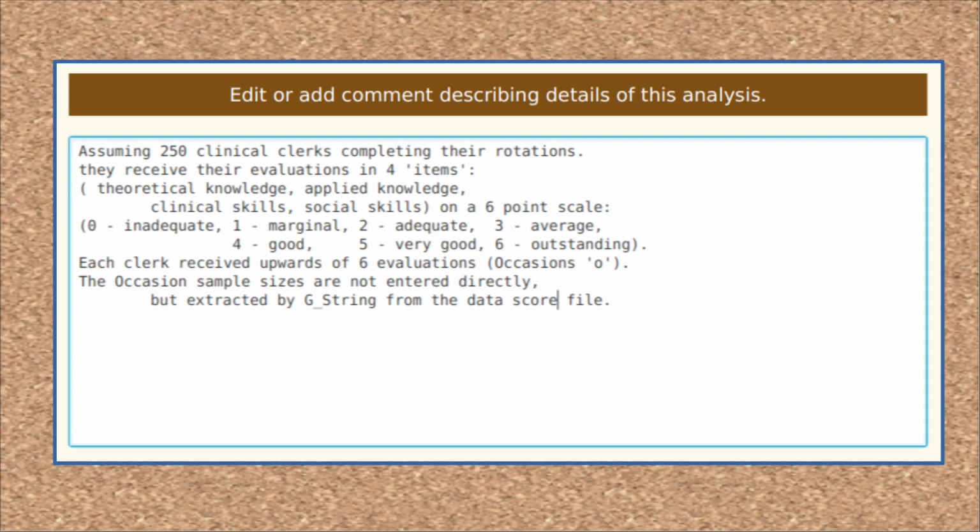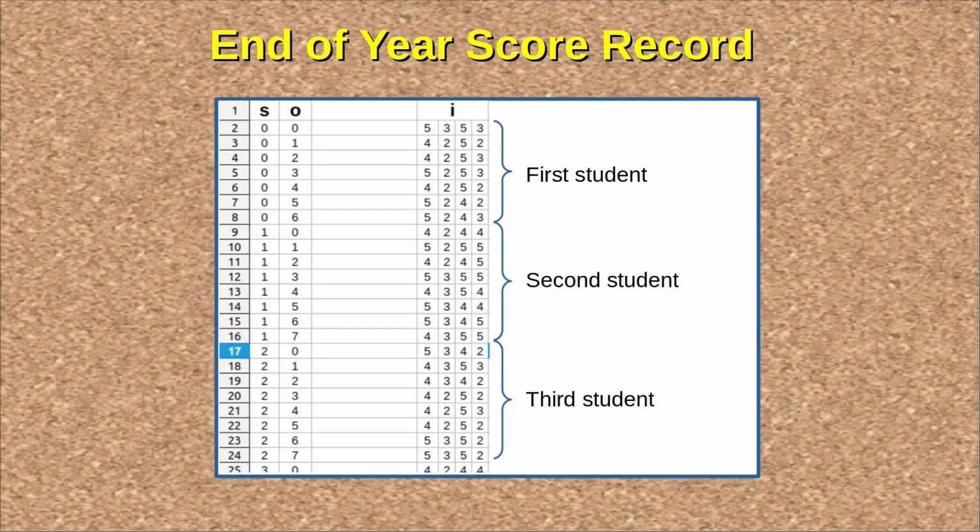Let's consider clinical clerks in medical school who are going through various compulsory and elective rotations. In the planning stage, the number of replications per student are not yet known. The end-of-year score record actually contains the number of occasions a particular student was evaluated.